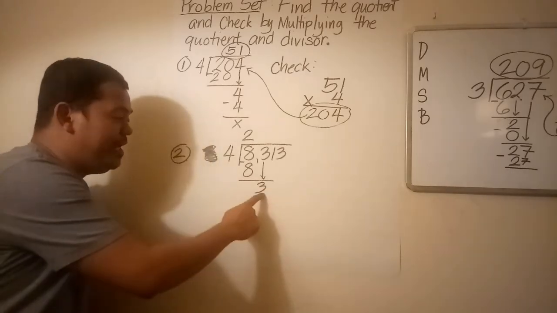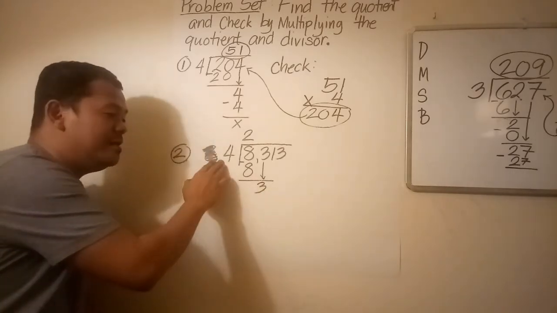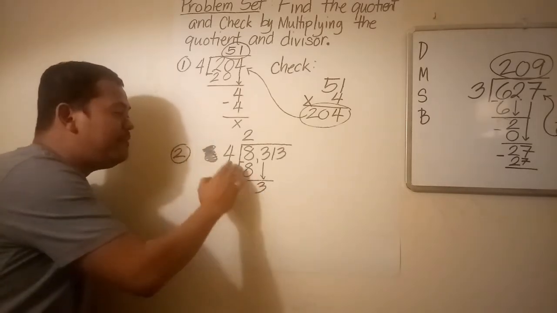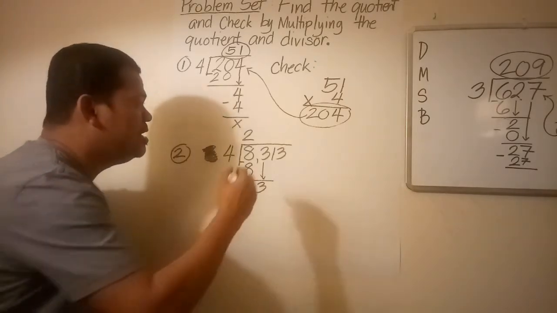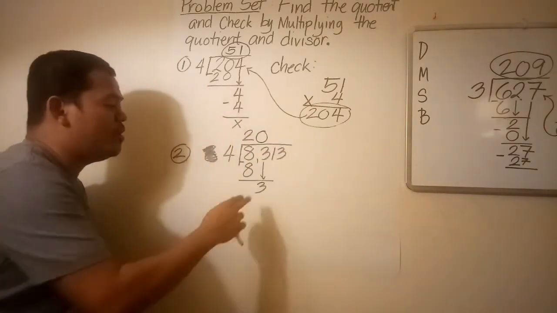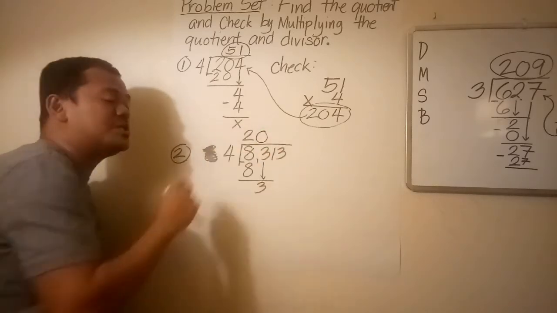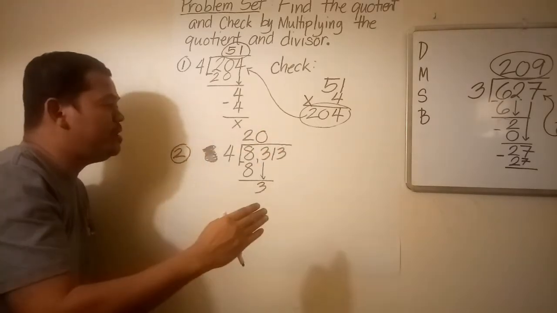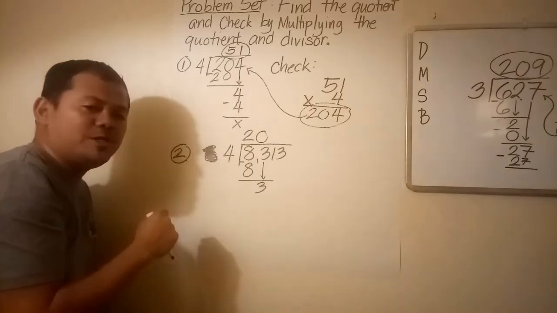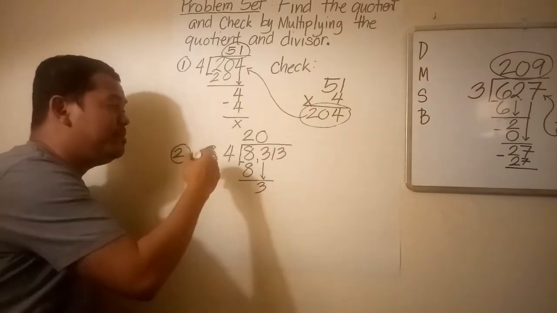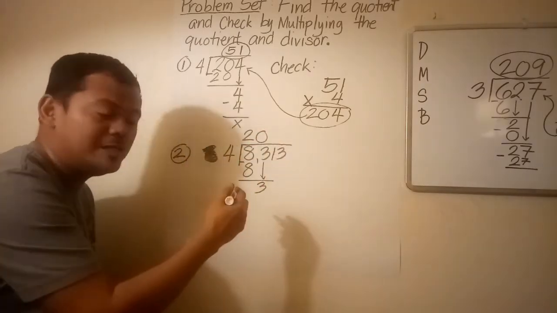No, because 3 is smaller than 4. So 3 divided by 4 can't be done. If it can't be divided, we can write here 0. Now, 3 divided by 4 is 0. After we divide, we multiply 4 times 0. 4 times 0 is how much? Any number you multiply to 0 is equal to 0.